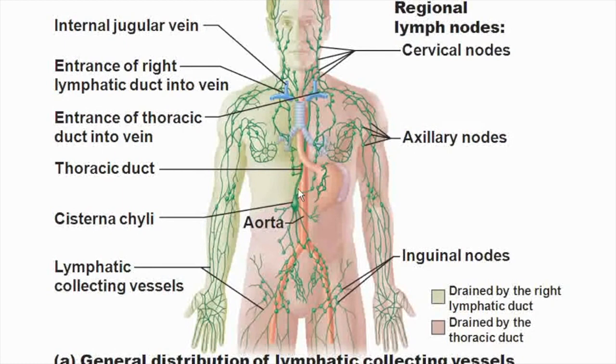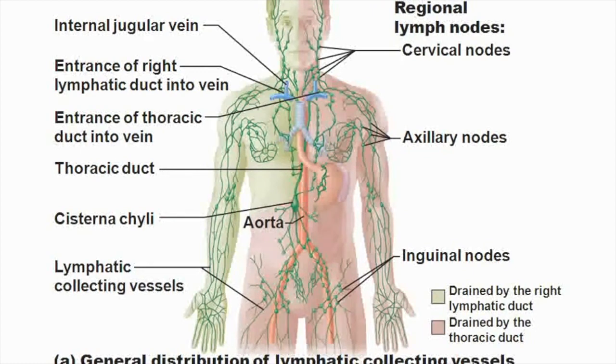Here's the thing. You see this thoracic duct, how large it is? Notice, both the right and left leg, the abdominal stuff, it all goes into this thoracic duct. So all of the tissue fluid from your lower body, all of the interstitial fluid from your lower body, it goes through the thoracic duct on its way to the left subclavian.